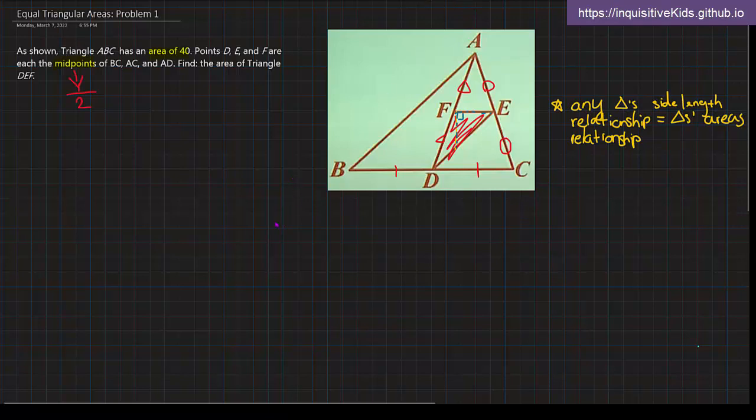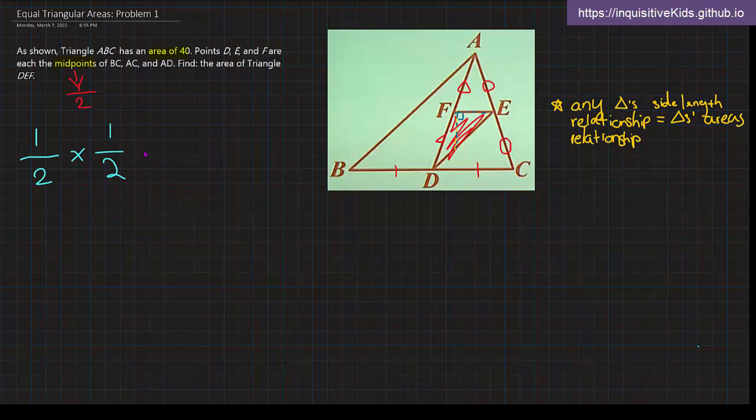There are 3 midpoints, but we only use 2 of them because we only have 2 parameters. One is base, one is height. So we have 1/2 times 1/2.